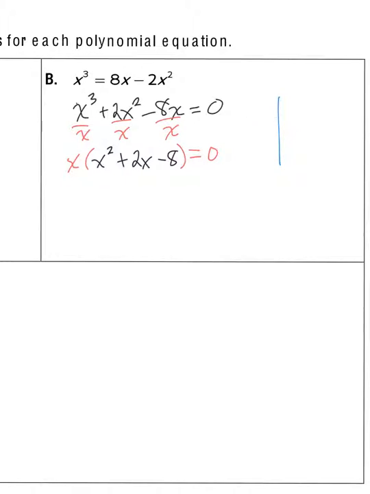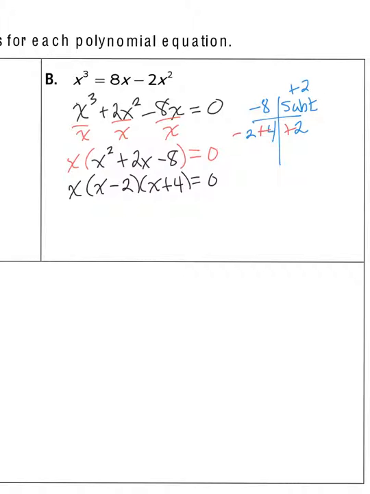My 8 is negative, so that's why I'm subtracting to get my middle term of positive 2. So 2 times 4 is 8. They subtract to give me 2. My 2 is positive, so the 4, being bigger, automatically gets that sign. The 2 is going to have to be negative. So then I end up with x times x minus 2 and x plus 4 equals 0.